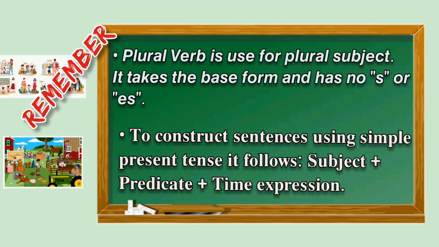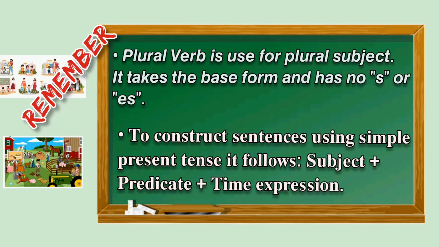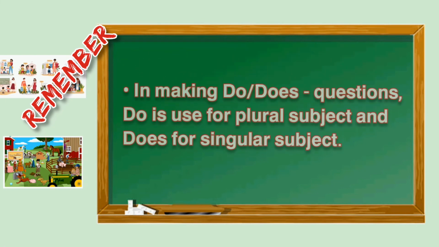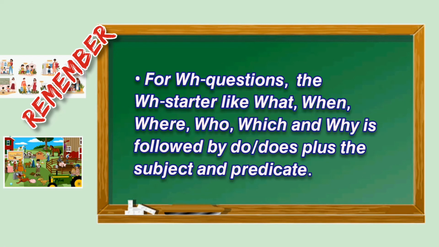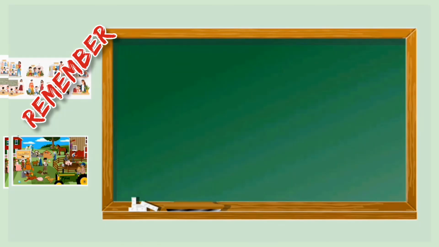To construct sentences using simple present tense, it follows subject plus predicate plus time expression. In making do or does questions, do is used for a plural subject and does for a singular subject. For WH questions, the WH starter like what, when, where, who, which, and why is followed by do or does plus the subject and predicate.